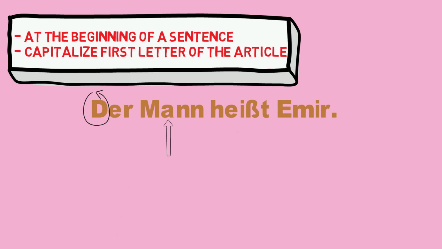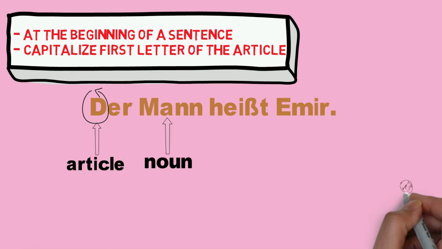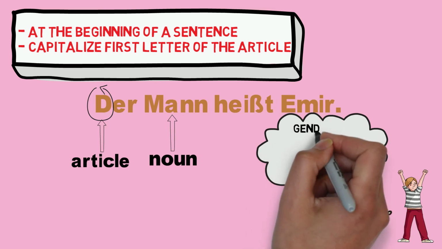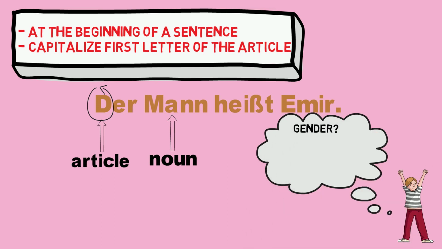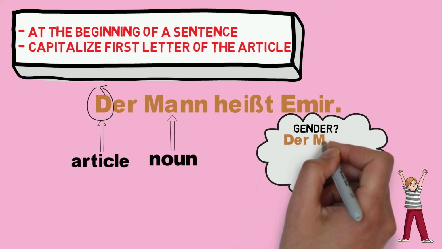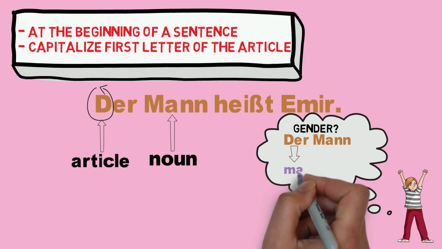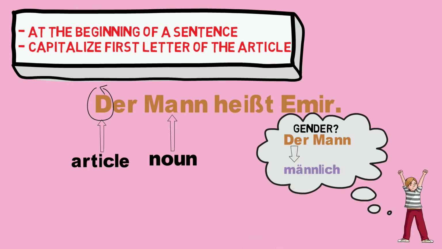And when you are seeing any noun with an article, you should be able to identify the gender of that noun, as article indicate the gender of a noun. So when you are seeing der Mann, you can identify that this noun belongs to männlich gender, because der is the definite article of männlich gender.